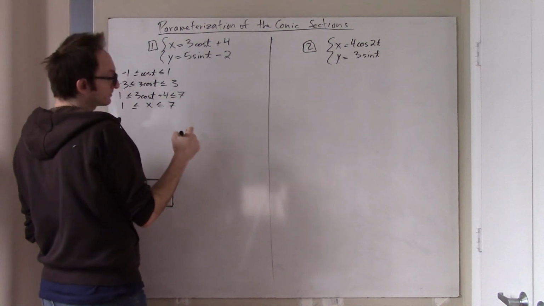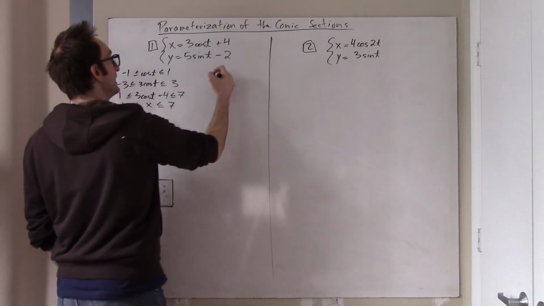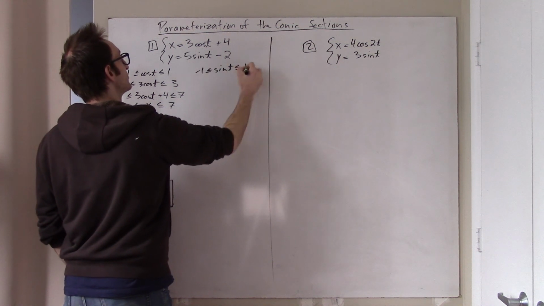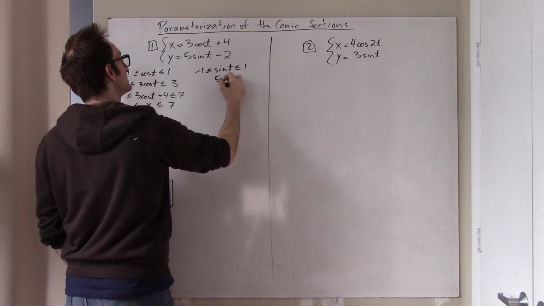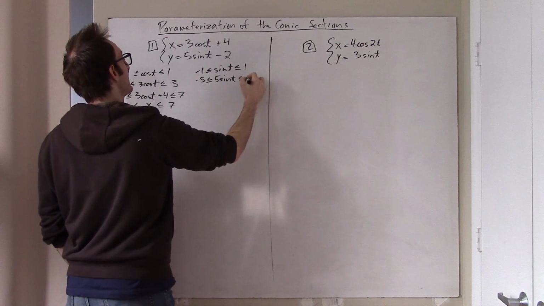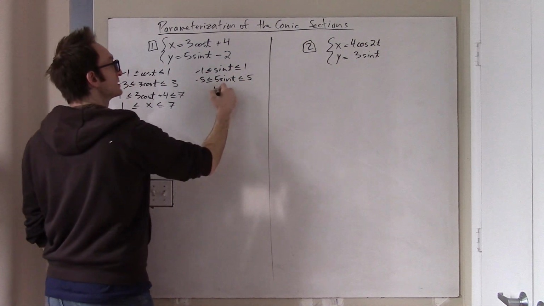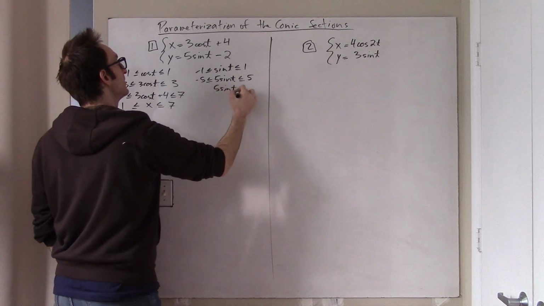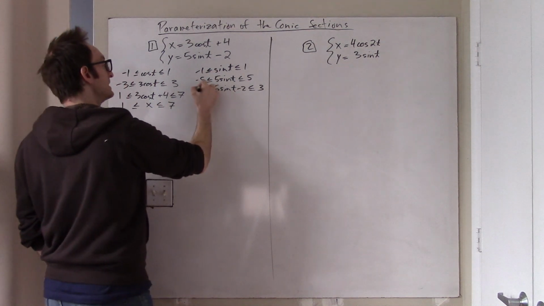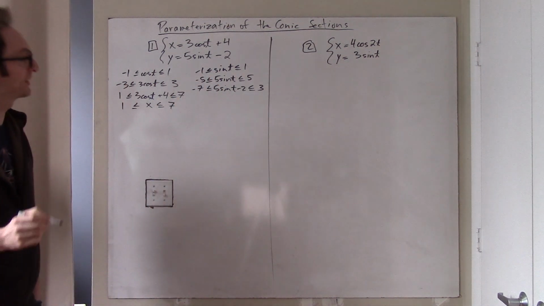Similarly, sine t is always between -1 and 1, so 5 sine t is always between -5 and 5. So 5 sine t minus 2 is always between -7 and 3.